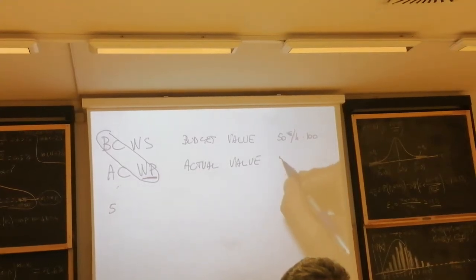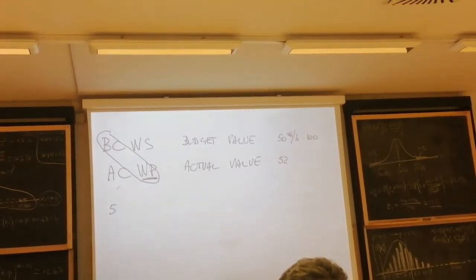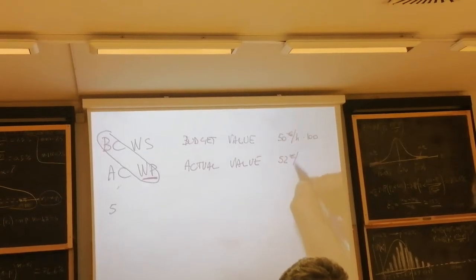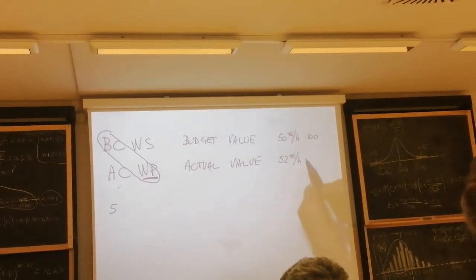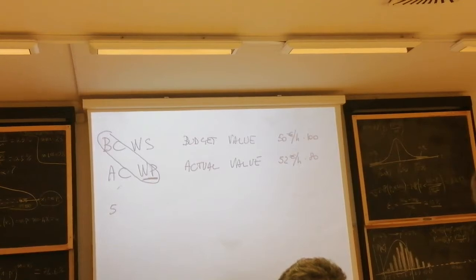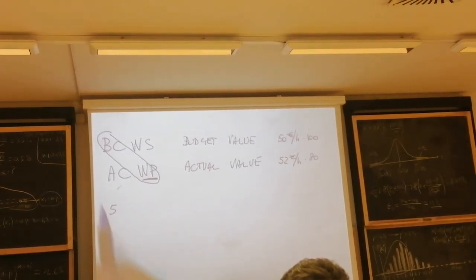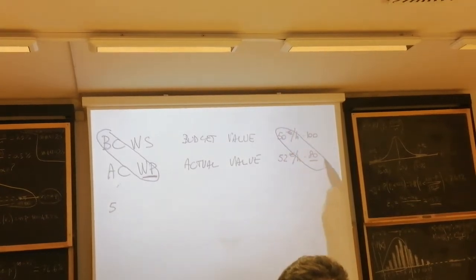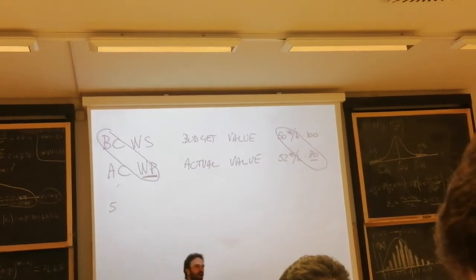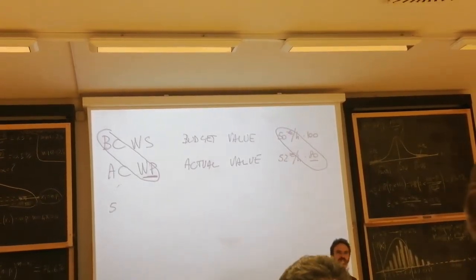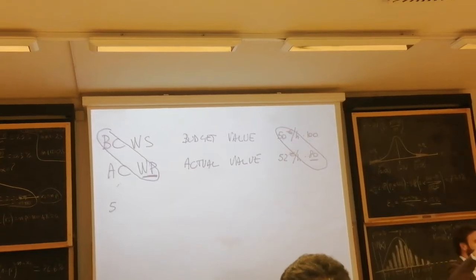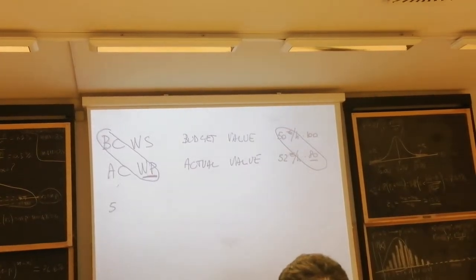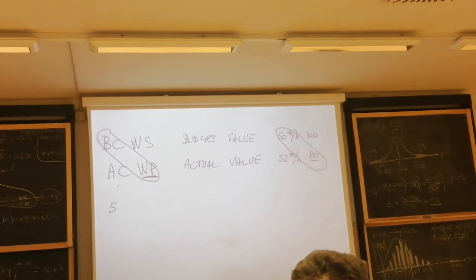But it happens that cost has increased to 52 euros per hour, and we only did 80. When you do the budgeted cost of the work performed, you get what you did, and you multiply it times the budget value without considering possible cost increase in the unit cost of all equipment, human resource, and materials used. Does it make more sense now?